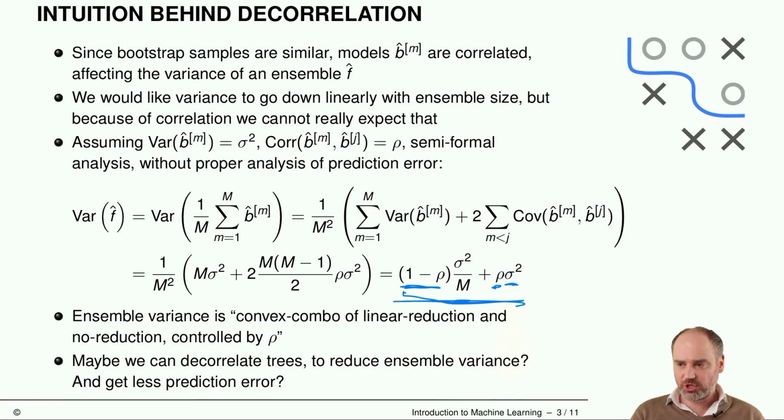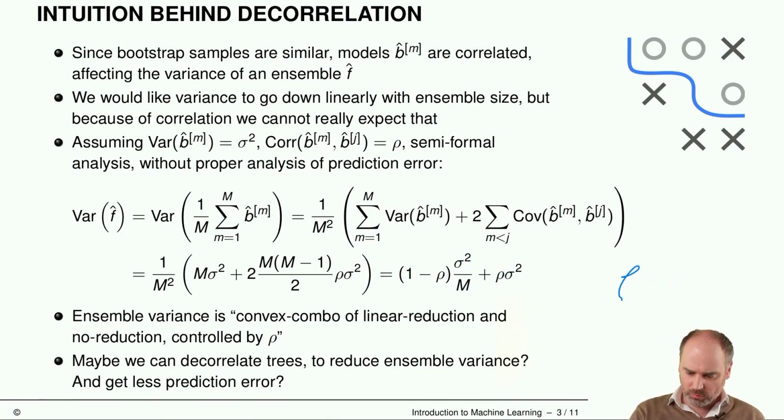The stronger the correlation, the less reduction you get, the closer you are to this zero reduction in variance. And if, for example, rho were 1, then this here becomes 0, and we just end up with this very bad scenario where there's no reduction.